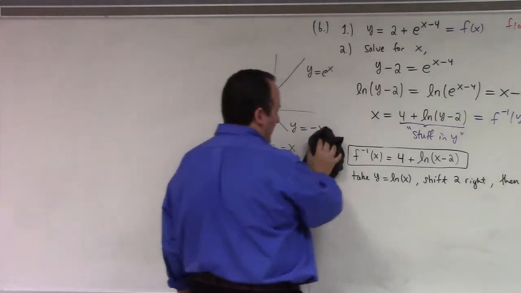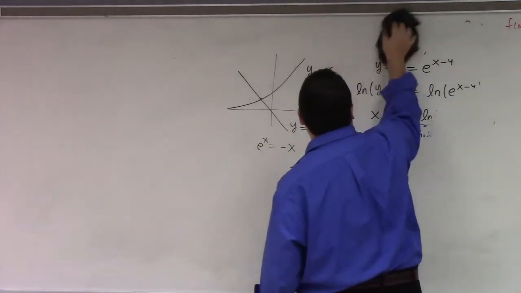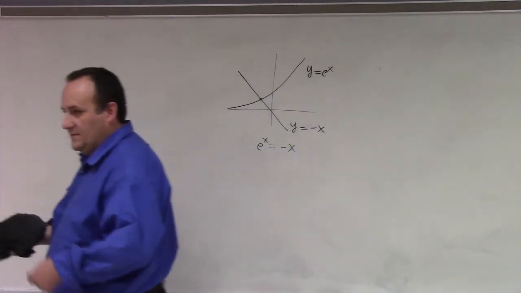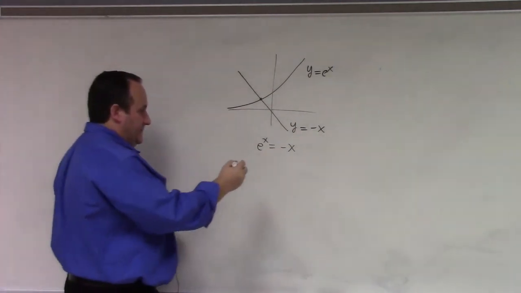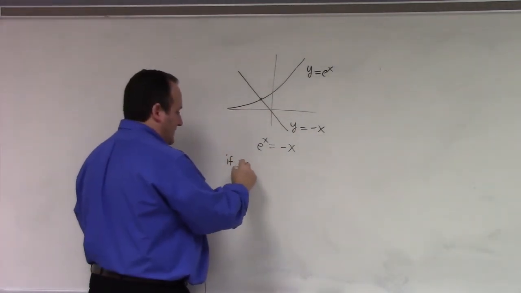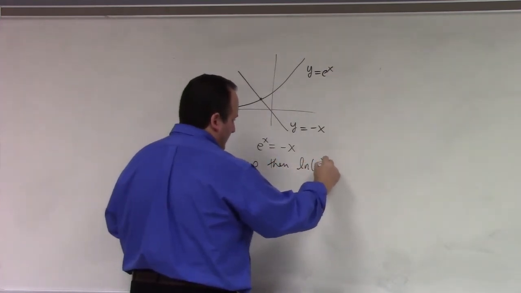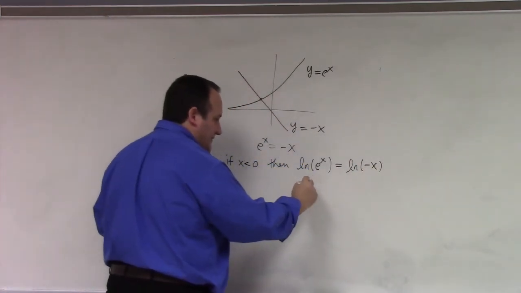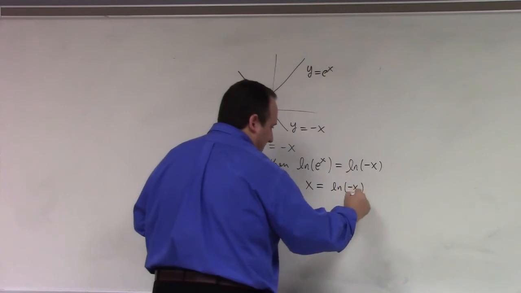I would need that x is negative. If x is negative, then minus x is positive. So if x is less than 0, then we have natural log of e to the x equals natural log of minus x. Great. Now this gives us x equals natural log of minus x.